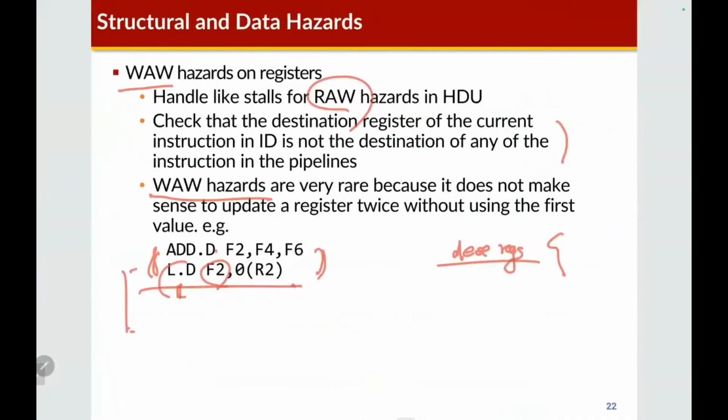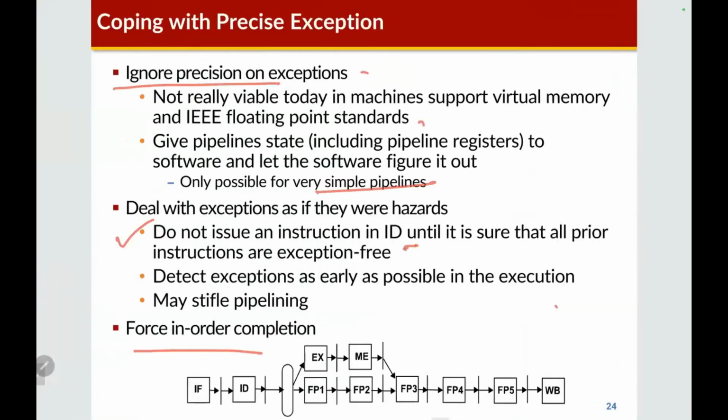Because of this difference in latencies between integer and floating point instructions, we cannot support the precise exception. So we can force in-order completion like this.